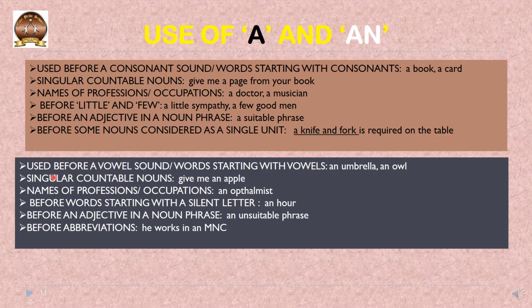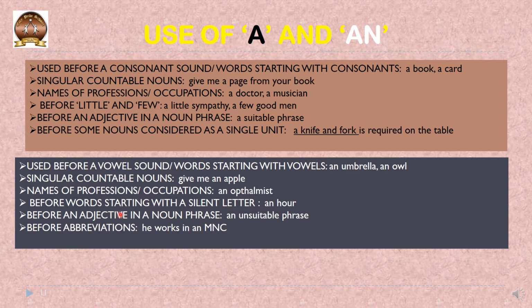Now, when do you use "an"? This is very important for us to remember. "An" is used before a vowel sound or a word starting with a vowel, like an umbrella, an owl. Singular countable nouns: give me an apple. And names of professions, occupations, again starting with a vowel sound or a vowel. So, an ophthalmologist.